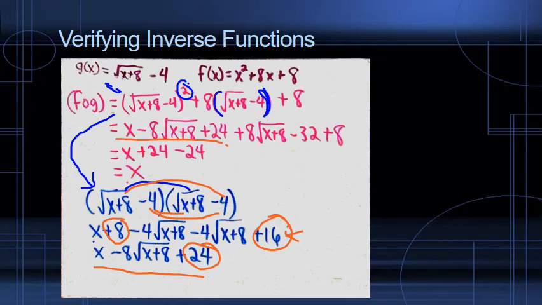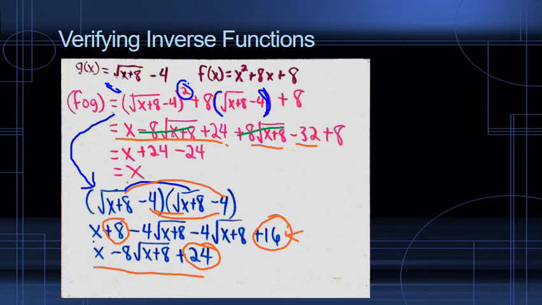Now, I also have to distribute this 8 against this whole expression. So that gives me plus 8 square root of x plus 8, and then 8 times minus 4 gives me minus 32. Now, my minus 8 square root of x plus 8 and my plus 8 square root of x plus 8 cancel out.